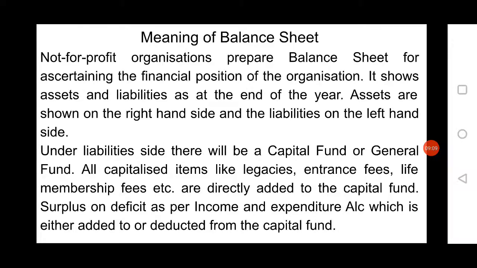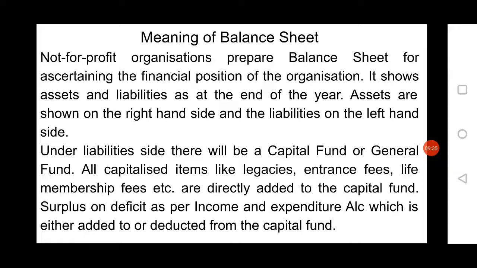Next topic, meaning of balance sheet. Not-for-profit organizations prepare a balance sheet for ascertaining the financial position of the organization. That means these organizations prepare a balance sheet to find the assets or liabilities of the organization.